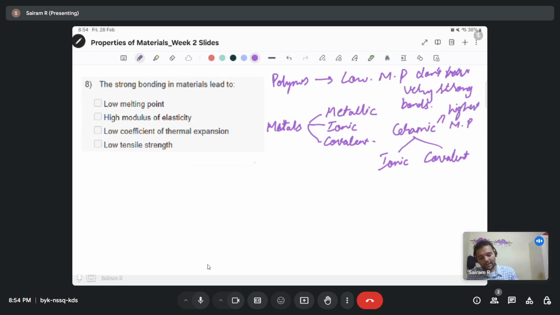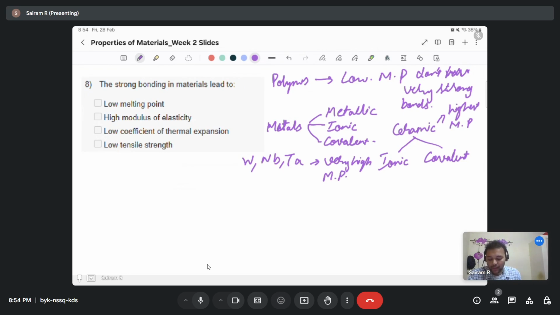We have metals like tungsten, niobium, tantalum, which have very high melting points. So given this, we know that strong bonding does not lead to very low melting points. They typically tend to have high melting points because it becomes so much more difficult to break the bond between two of these atoms and make them drift apart.